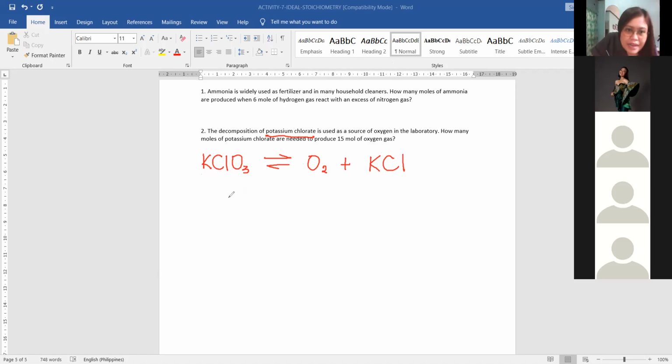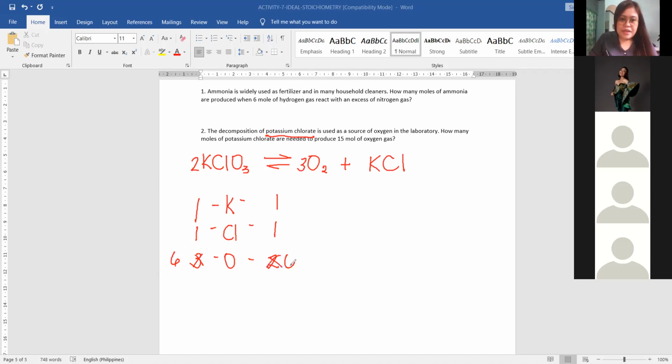So if we balance this, we have KCl and O2. We have one potassium, 1 chlorine, and 3 oxygen. On the other side, 1 potassium, 1 chlorine, and we have 2 oxygen. So, ang una natong i-balance, syempre si oxygen, kay siya lang man ang dili balance, as you can see. So, we can write 2 here. This makes it 6. And then we'll place 3 here para mahimo siya 6.